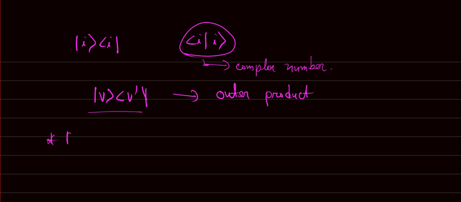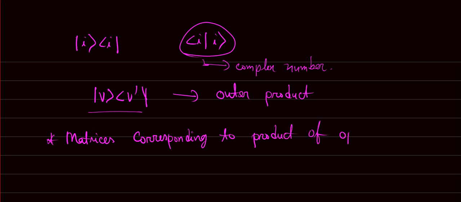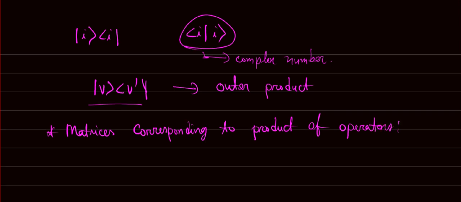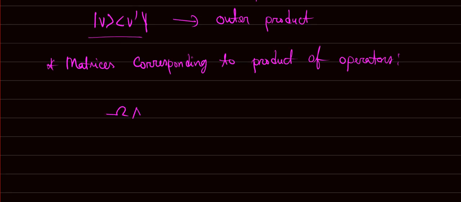So our next topic is matrices corresponding to product of operators. Let's say we want to represent the matrix elements of omega times lambda like this.